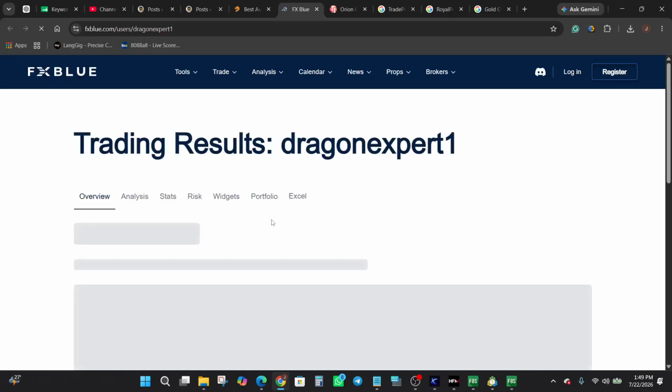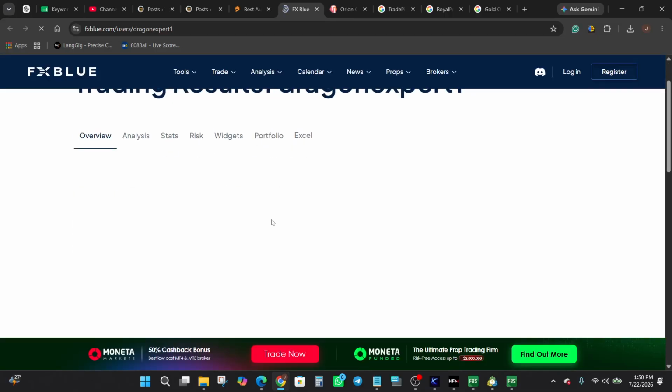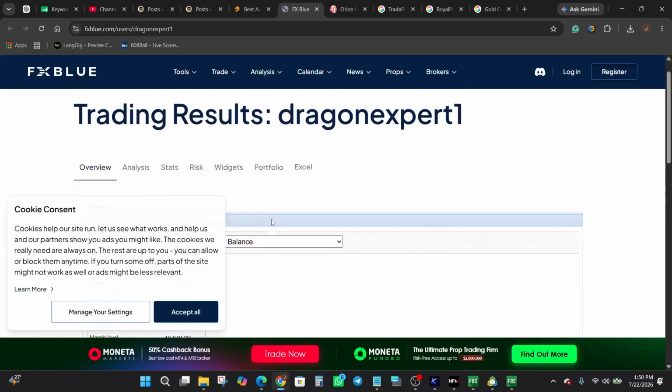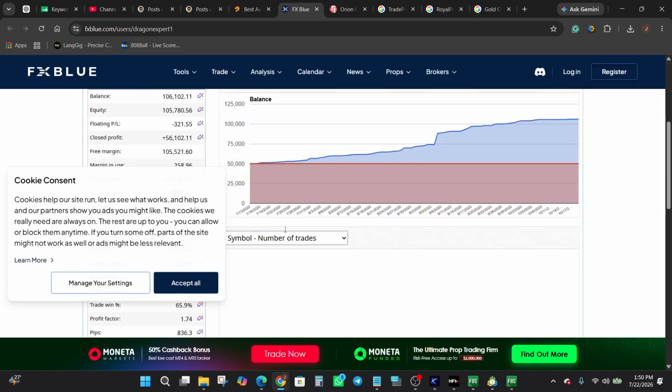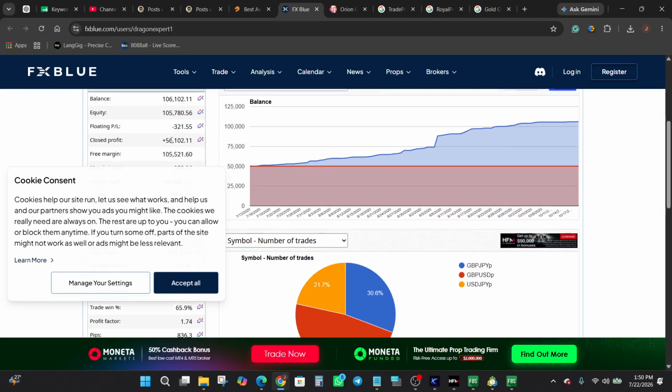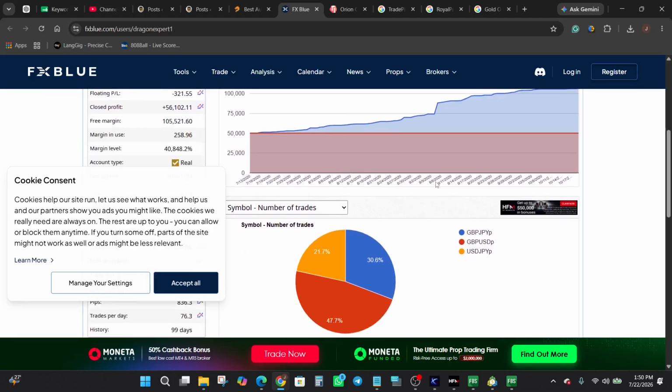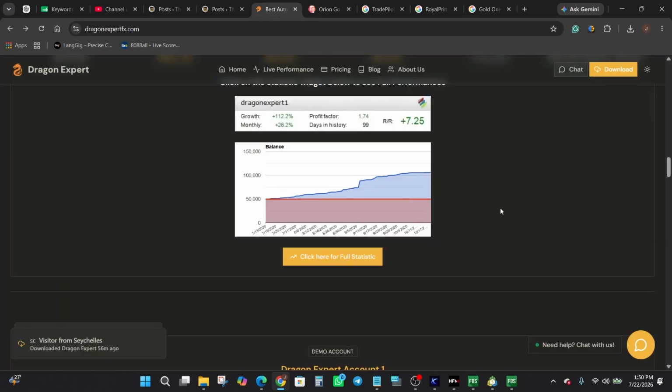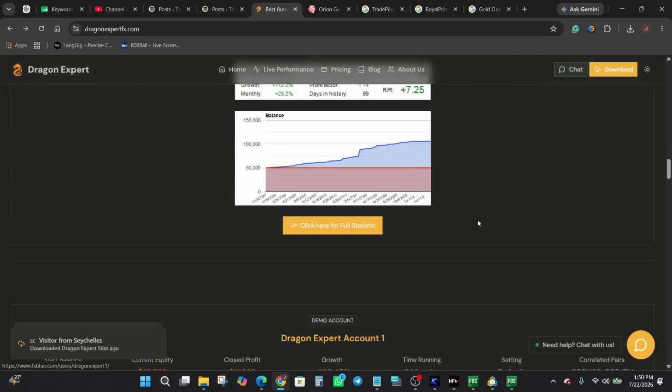And this is linking us to FX Blue. I am seeing here balance over 106, equity 105, and all of that. Still approach with skepticism.